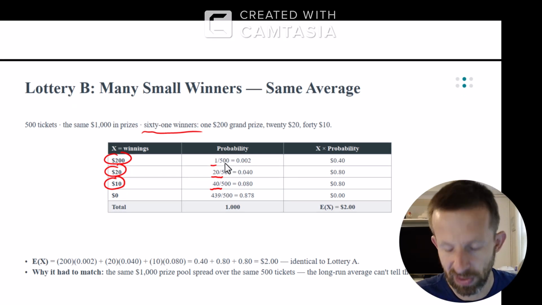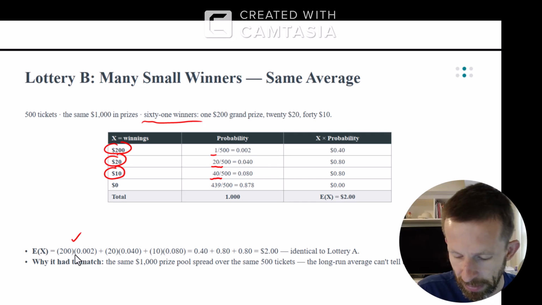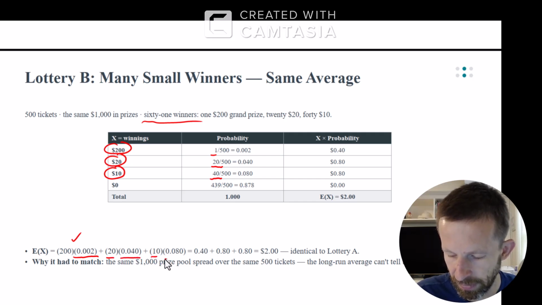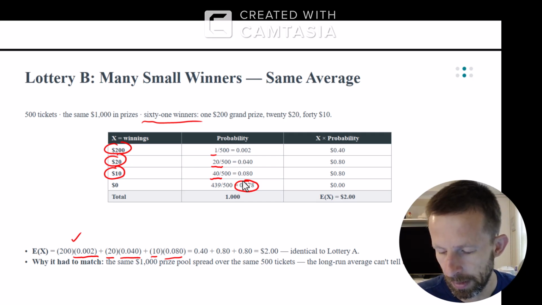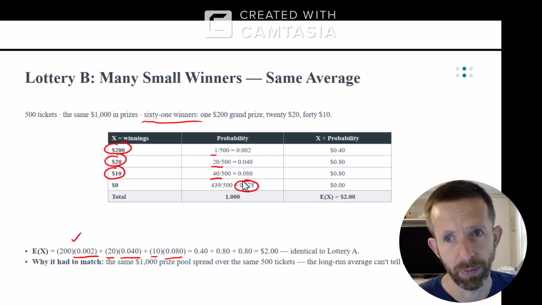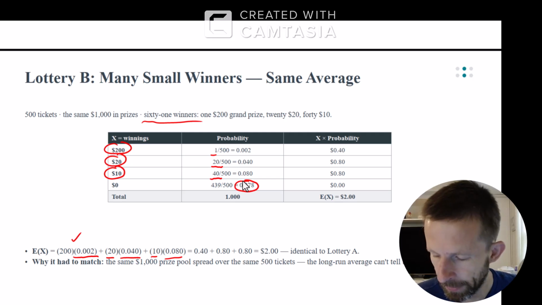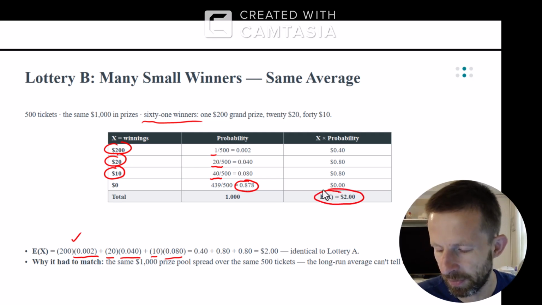So what's the expected value of playing? 200 times 0.02, 20 times 0.04, and 10 times 0.08. Now, instead of 98% of people losing, we only have 87.8% of people losing, so a lot more people could win something. The expected value of playing is still $2.